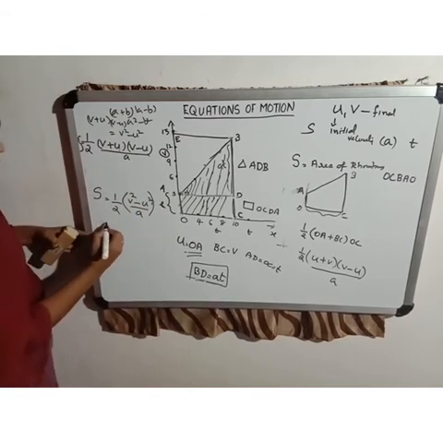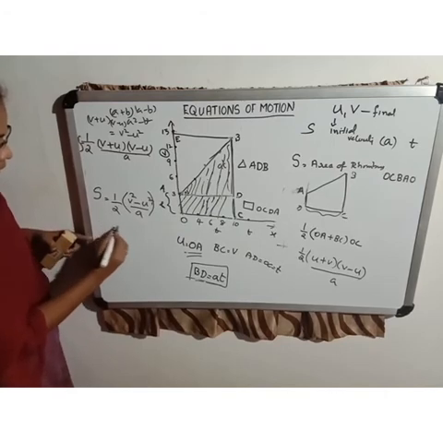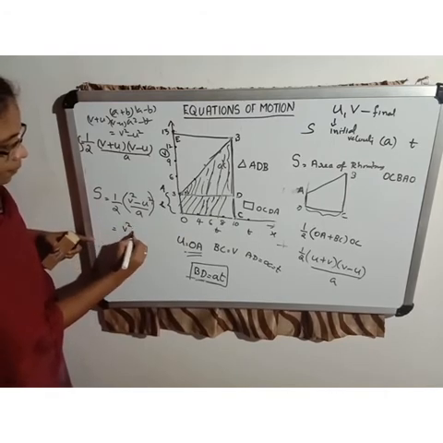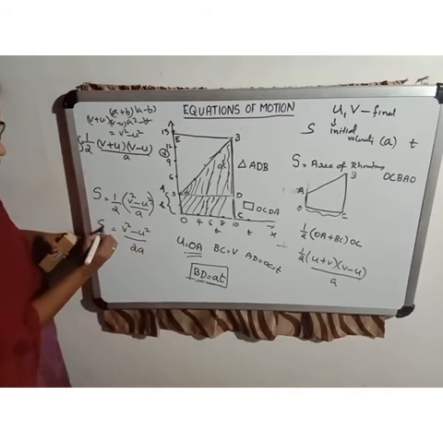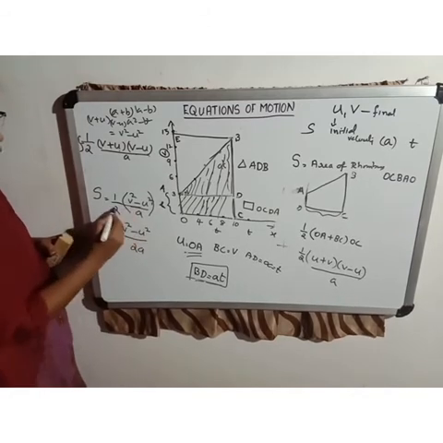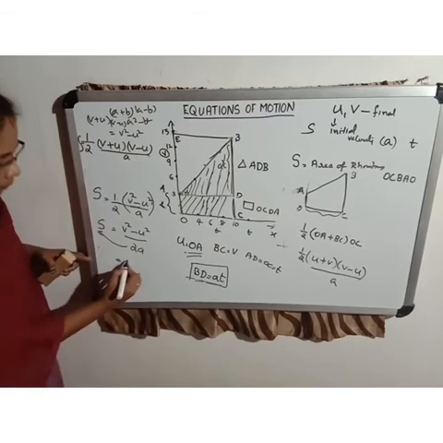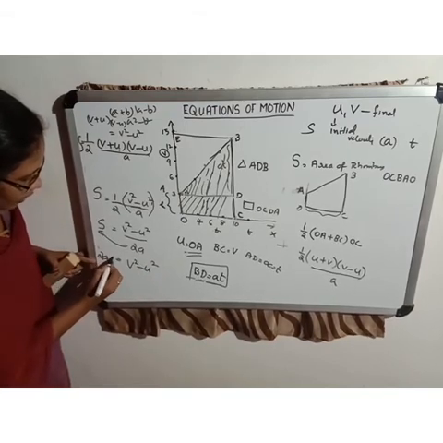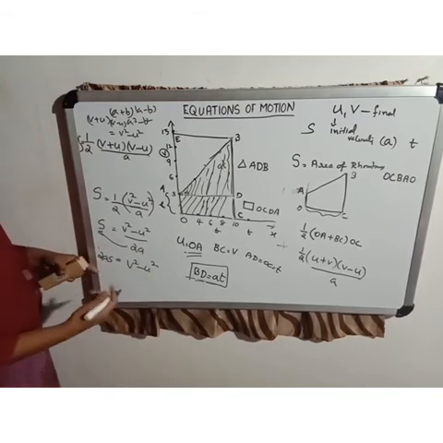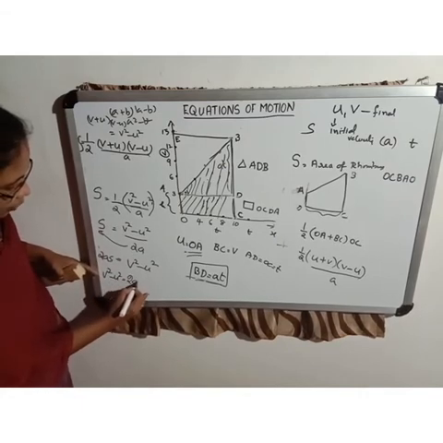Okay, so my equation will be like this: V square minus U square by 2a is equal to s. 2 is common to both. Now when 2a comes to this side, V square minus U square is equal to 2as.